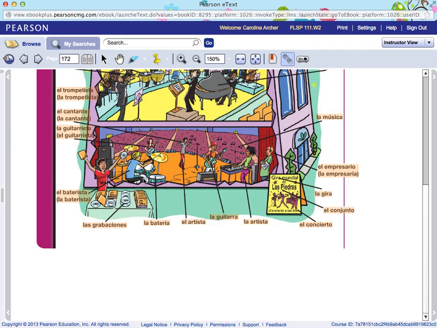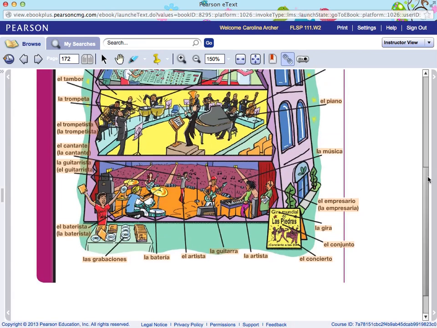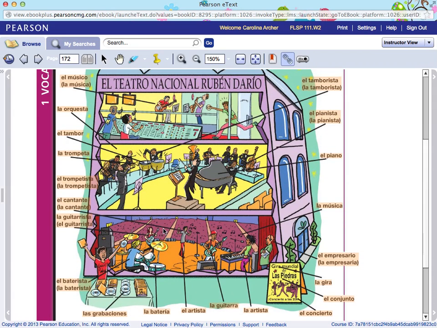Baterista is the one that plays the percussion instruments. Okay. El baterista or la baterista if it's a girl. La guitarrista, it's a girl, or if it's a guy, it's el guitarrista. El cantante, the singer, or el artista also, or la cantante.